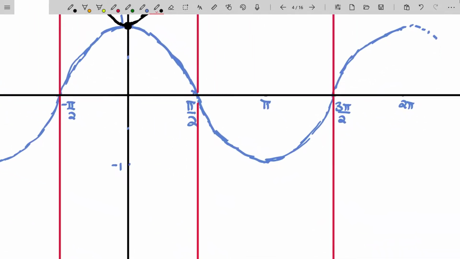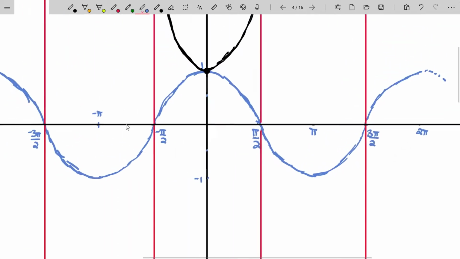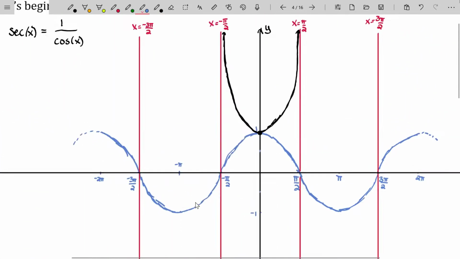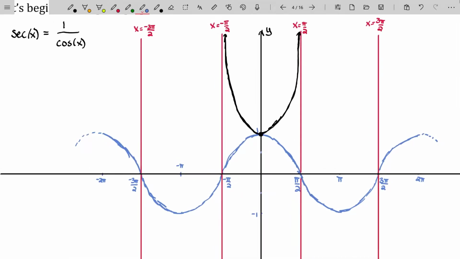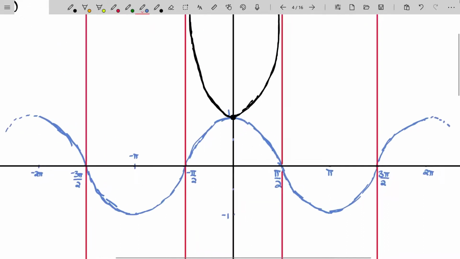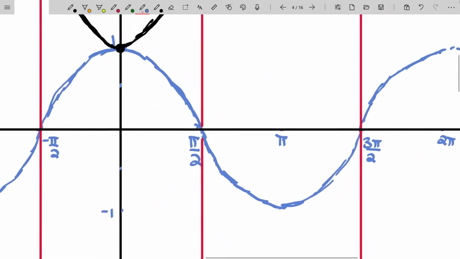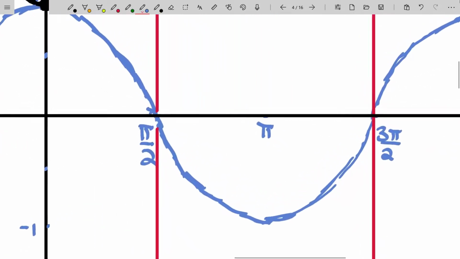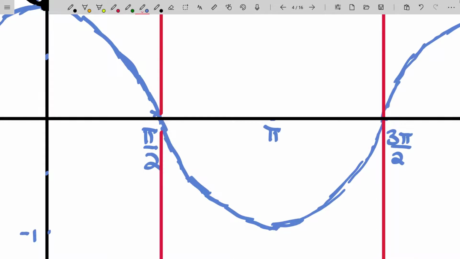Now, what happens as our inputs are denominators for the secant, which is the cosine here? So what happens as that denominator tends to 0, but from the negative side, in other words, from below 0. Again, cosine, its values tend to 0 at pi over 2. You can see the cosine values are getting closer and closer to 0 here, but we already graphed that side. So let's look at this side right here.